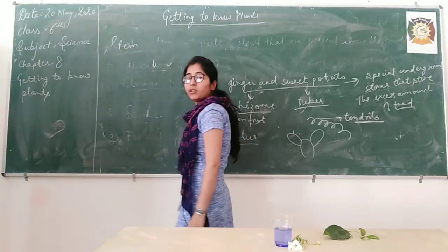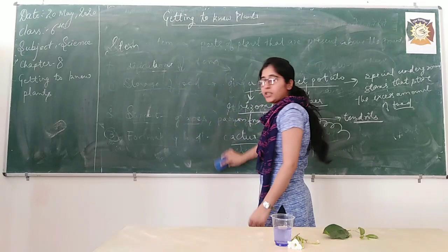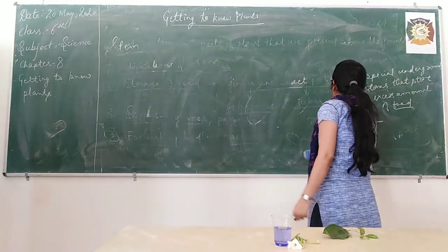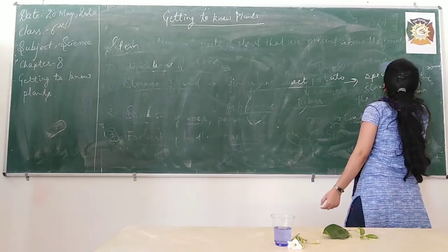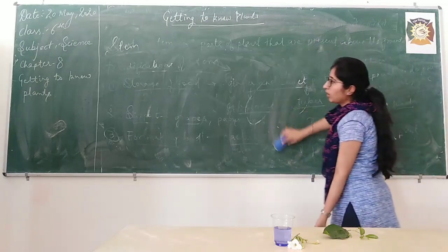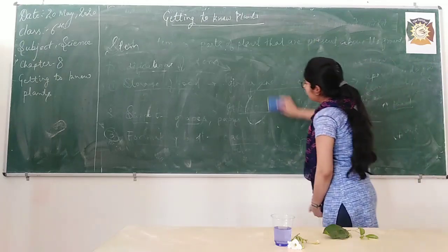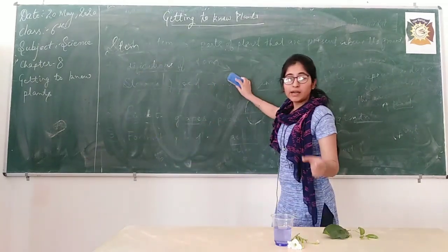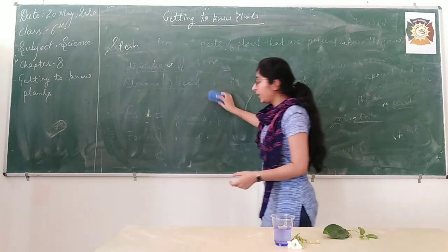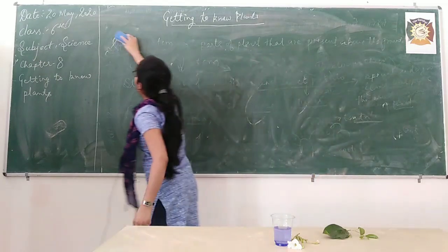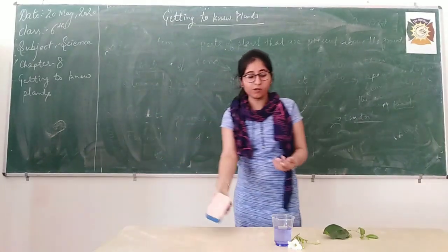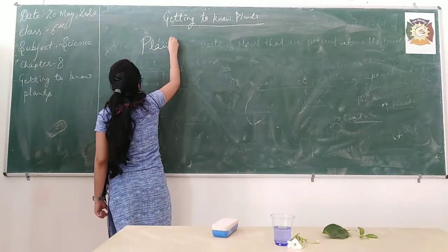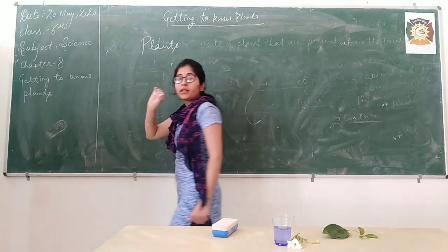So we have studied till now 5 functions, 2 major ones and 3 additional functions. After this, we will start the classification of stem. Classification of plants based on the kind of stem. So what is that classification?